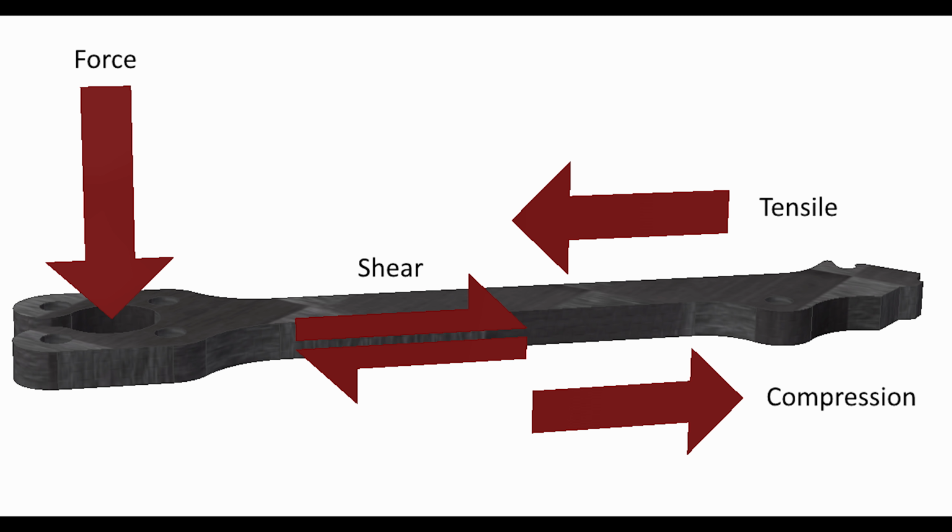That is the strongest direction for carbon fiber. In general, we say that compression is always the problem, because carbon fiber has only about 60% of its strength in compression.